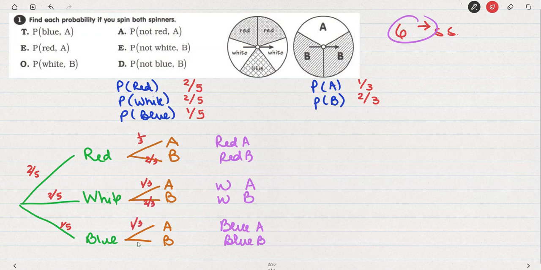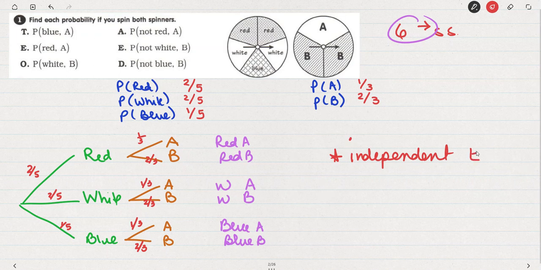And notice that the first spinner and the second spinner are what we're going to call independent outcomes. What happens with the first spinner has no bearing on how the second spinner works.